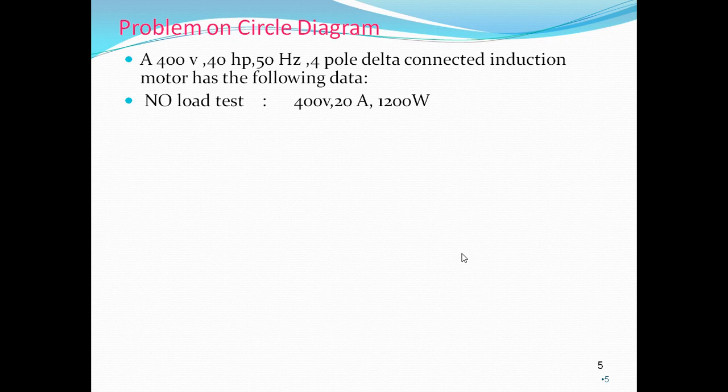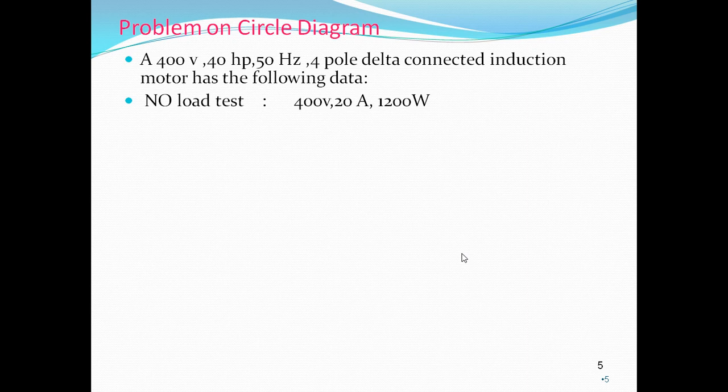What is given? A 400 volts, 40 HP, 50 hertz, 4 pole delta connected induction motor has the following test results. He has given the no load test.